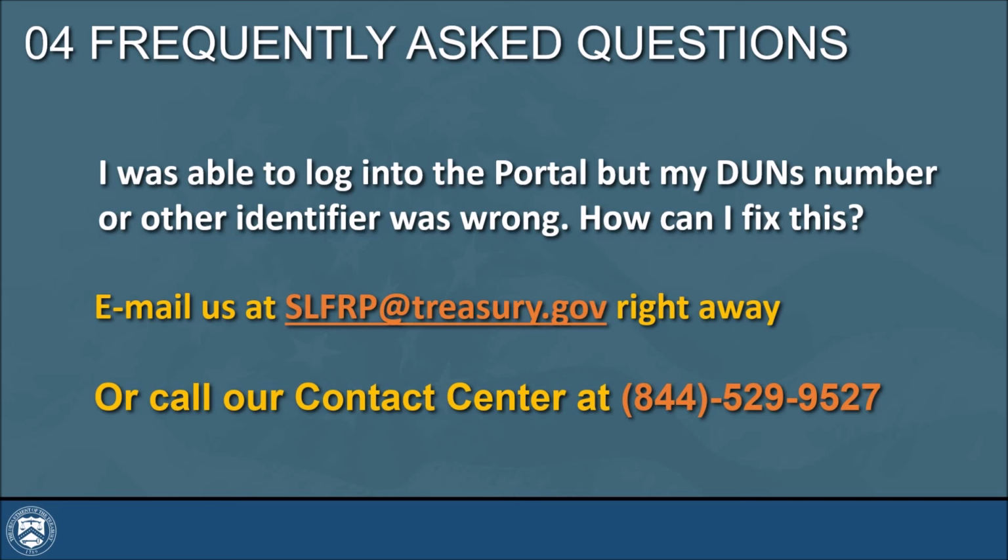If you find that any of your information is wrong in our system, please either email us at slfrp@treasury.gov, or you can call our call center at 844-529-9527. We're going to make sure that we respond to your messages and get your accounts and recipient records created and updated as soon as possible.